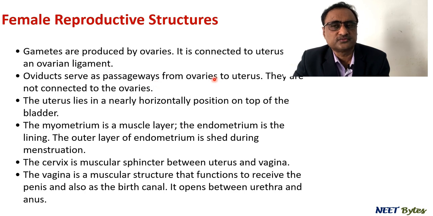Within the uterus, we see the internal lining, what we call endometrium, and the outer lining, what we call myometrium. The cervix is a muscular sphincter between uterus and vagina. The vagina is a muscular structure that functions to receive the penis and also as the birth canal. It opens between the urethra and anus. So that is the relative position of the female reproductive structures, right?